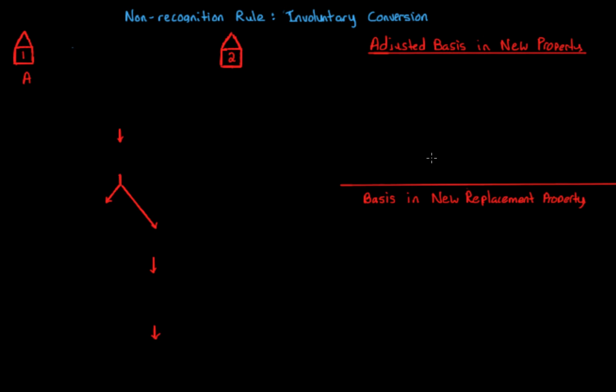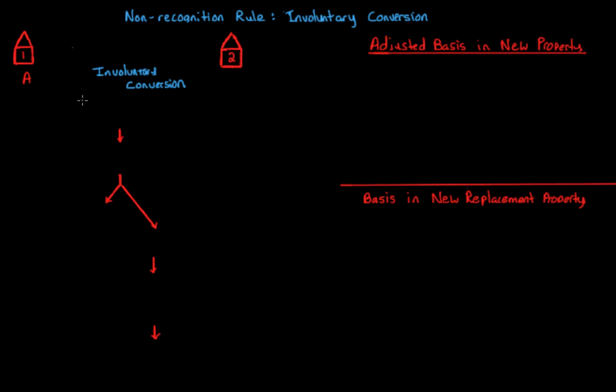So the first thing that you have to have here is an involuntary conversion. You must have an involuntary conversion. And the tax code really focuses on 4 different ways that you can have involuntary conversion.